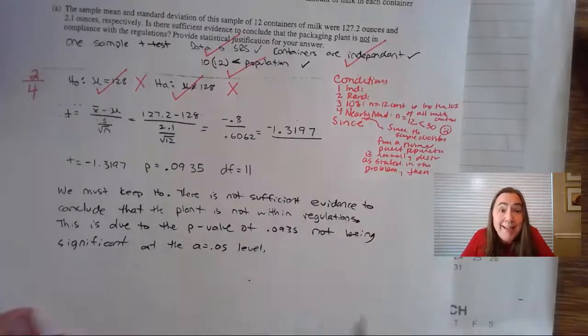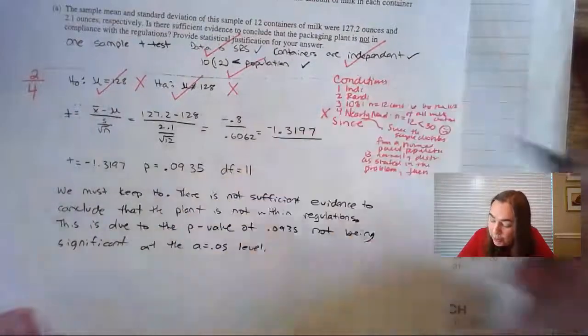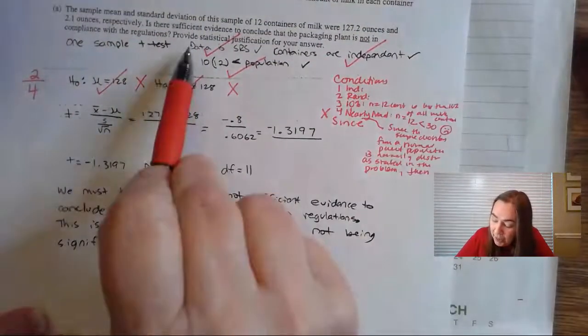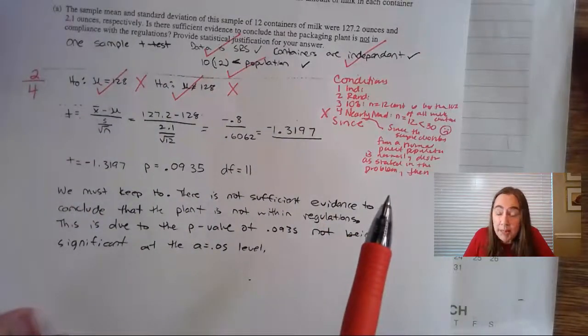So that is not there for this problem. My person does not get the nearly normal condition. They have 1, 2, and 3, but they do not have the nearly normal condition.